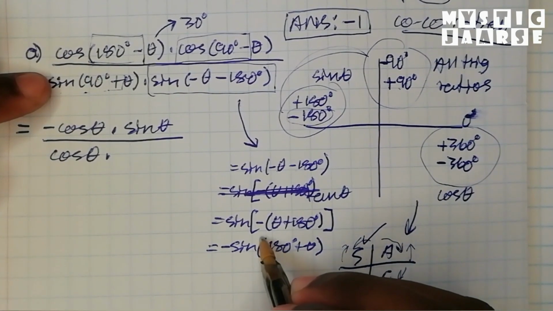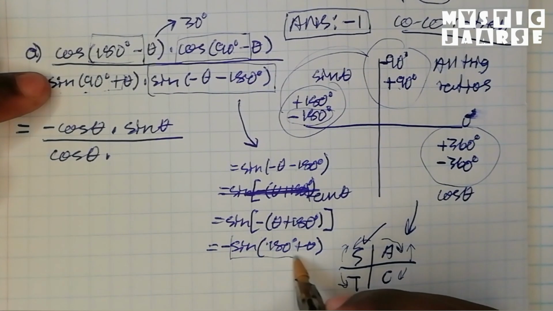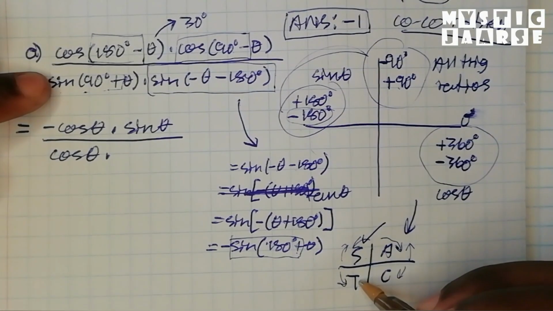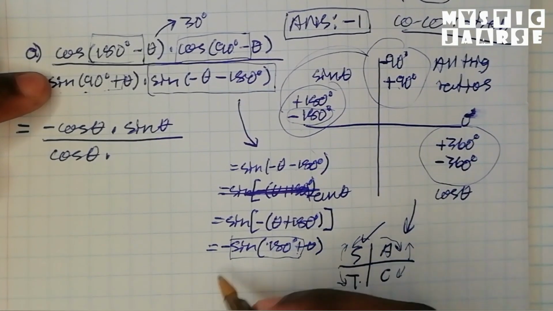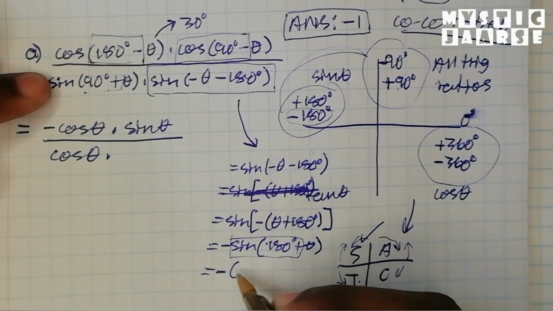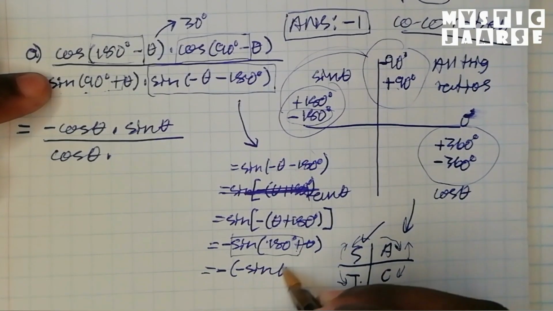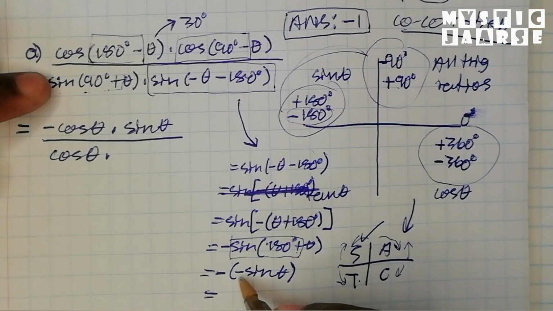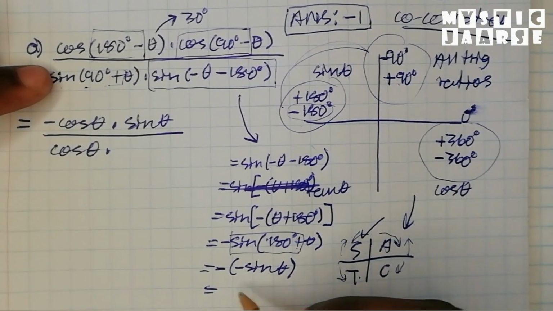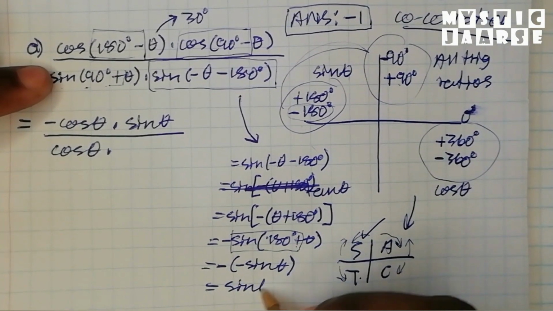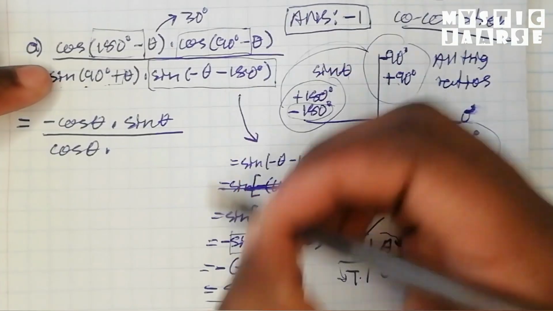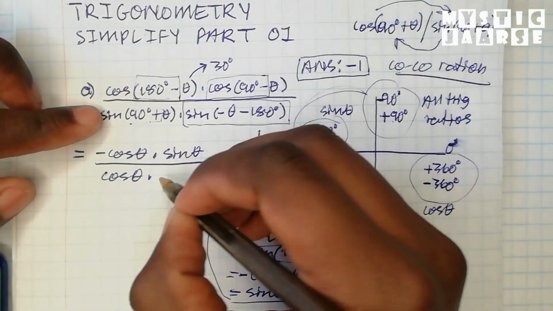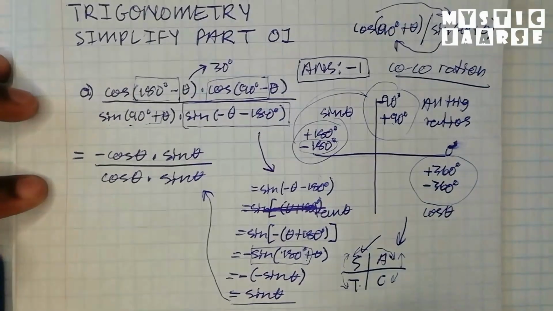So we have sine of 180 plus, tangent is positive, not sine, so we will be having negative into negative sine theta, and then this negative will multiply with this negative and we will have positive sine theta. So the answer to this is a positive sine theta.